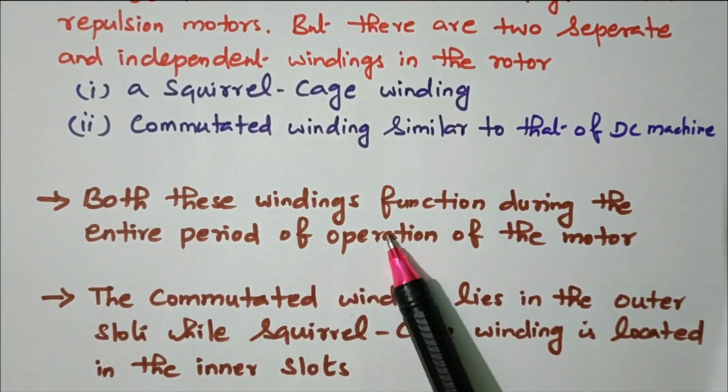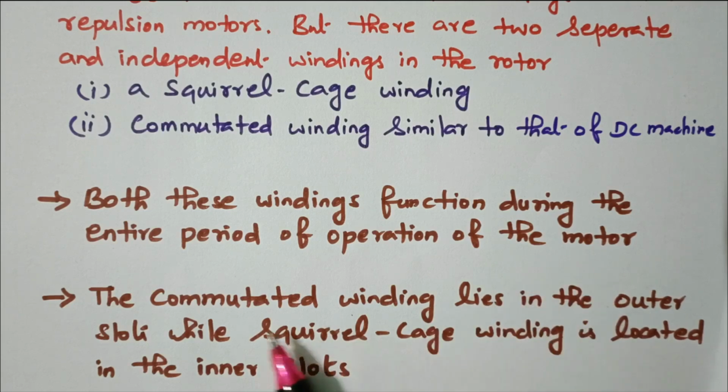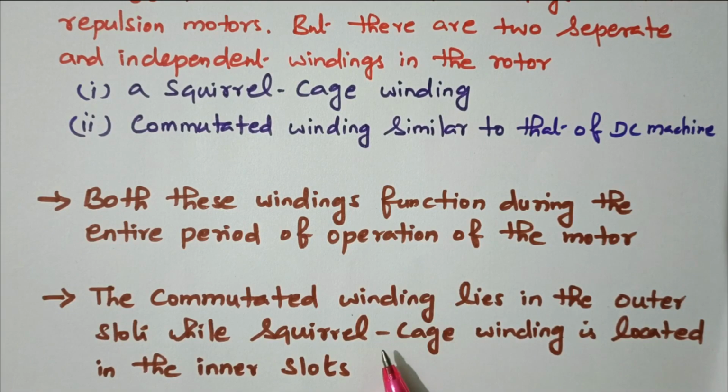Both these windings function during the entire period of operation of the motor. The commutated winding lies in the outer slots, while the squirrel cage winding is located in the inner slots. Now we'll refer to the diagram.